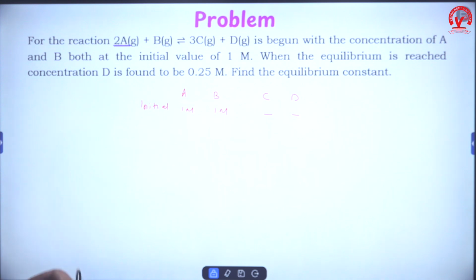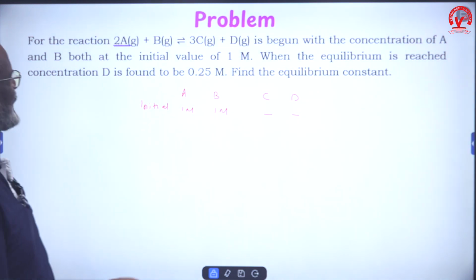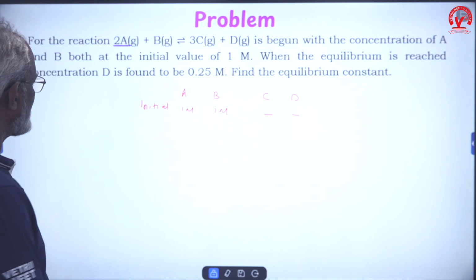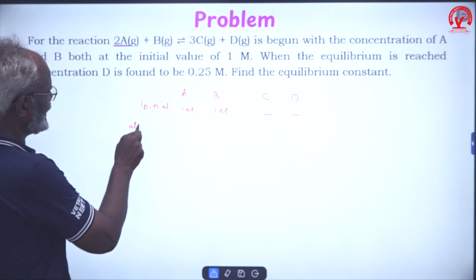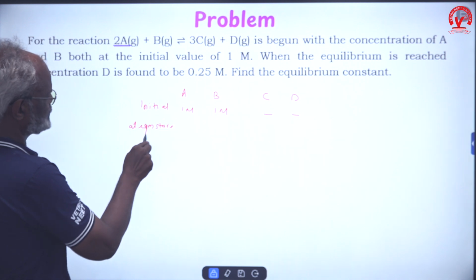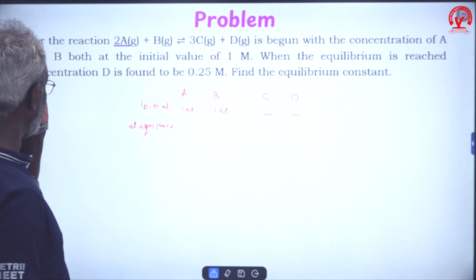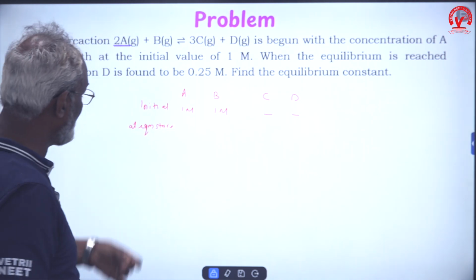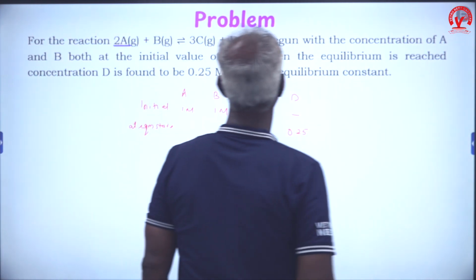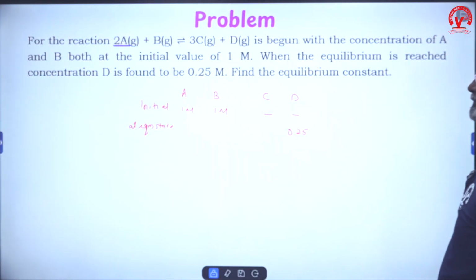The forward reaction happens and the products are formed. The reverse reaction also happens, so it attains the equilibrium state. At equilibrium, it has been told that the concentration of D is found to be 0.25.